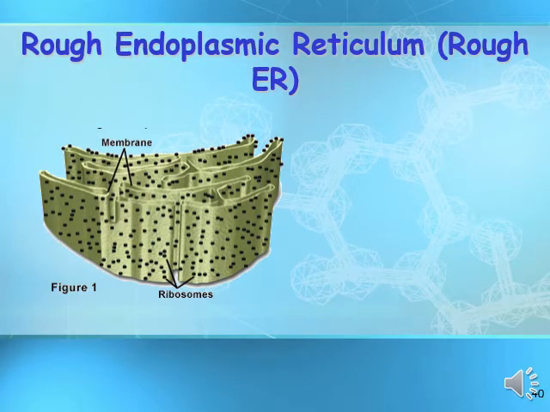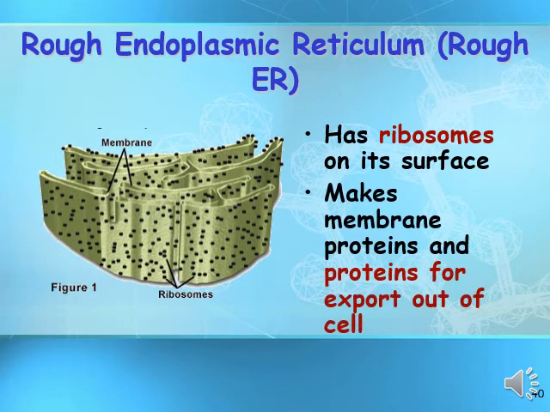The rough endoplasmic reticulum is distinguished by scattered ribosomes, when compared to the smooth endoplasmic reticulum that contains no ribosomes. These ribosomes make membrane proteins and proteins for export out of the cell.